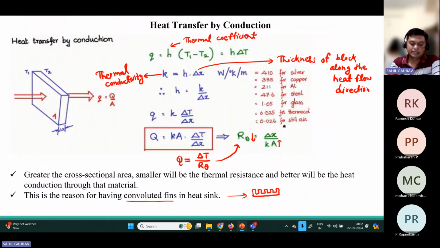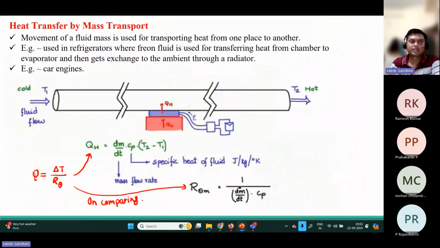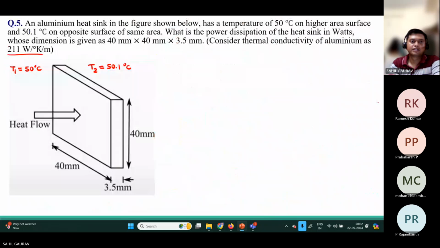In this heat conduction expression, we can see Q equal to K into A delta T upon delta X. So we will use this expression. First, write the thermal conductivity. Thermal conductivity is given, K equal to 211 watt per degree Kelvin per meter.